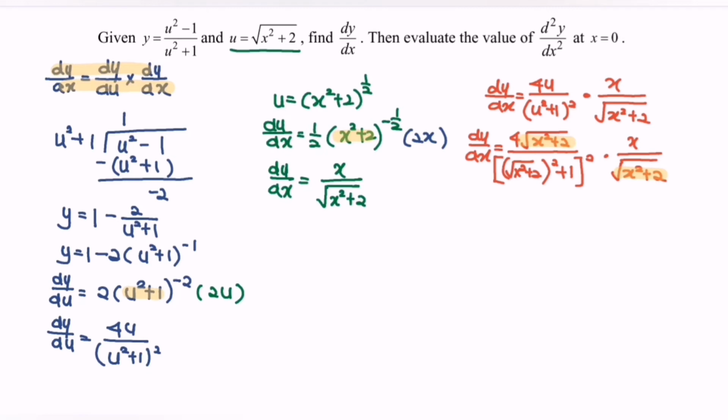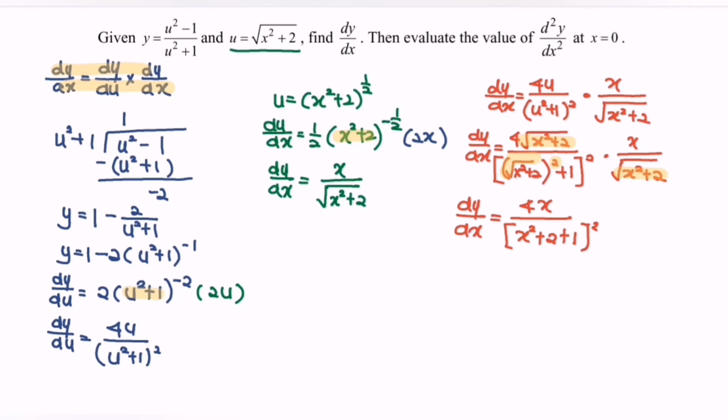So we will have dy/dx equals 4x over, if we simplify, x squared plus 2 plus 1, bracket squared. If we simplify the square root with the square, we will have x squared plus 2.